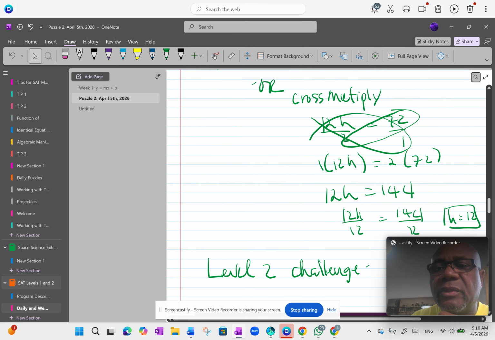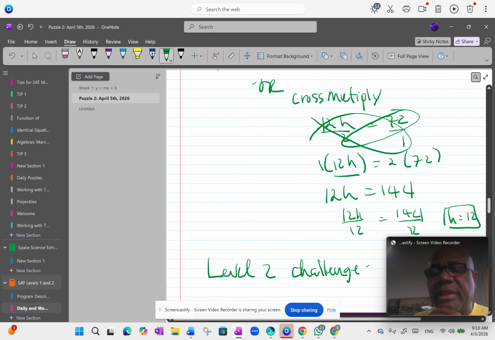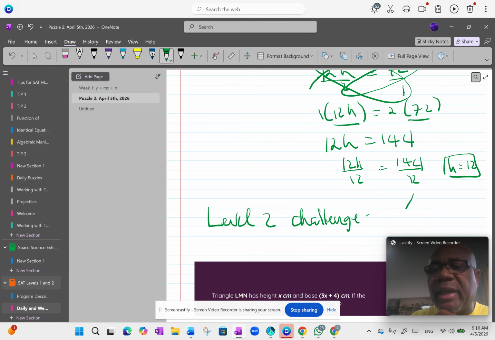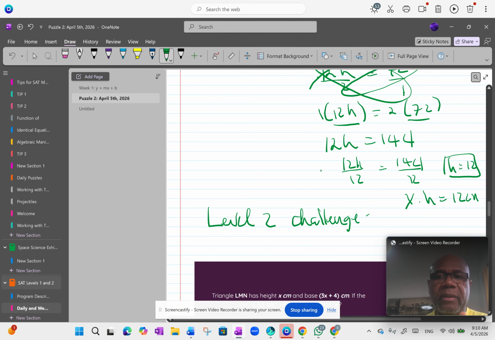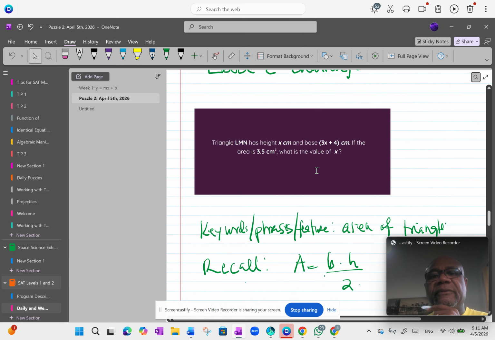Then you solve for your height. So what you're looking for, x, which is the height, is 12 centimeters. You're done.